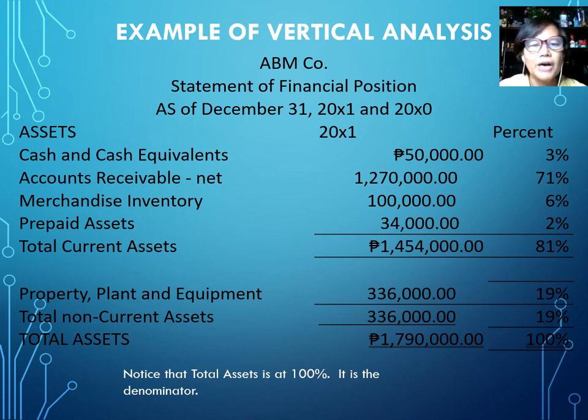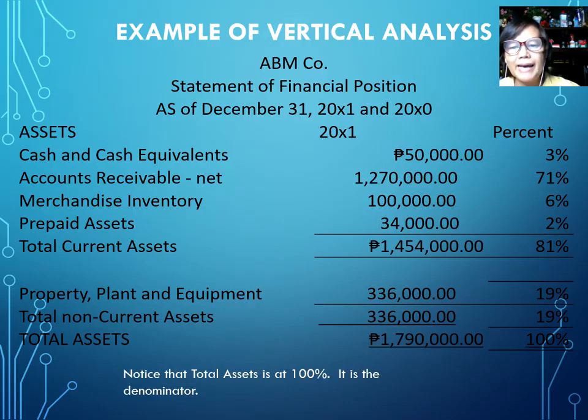So therefore, the cash and cash equivalents is 50,000 over 1,790,000, which is equal to 3%. Okay? Did you get it? How about accounts receivable net? 1,270,000 over 1,790,000 is 71%.